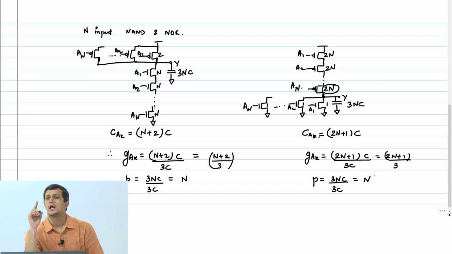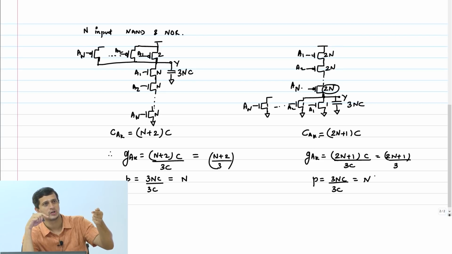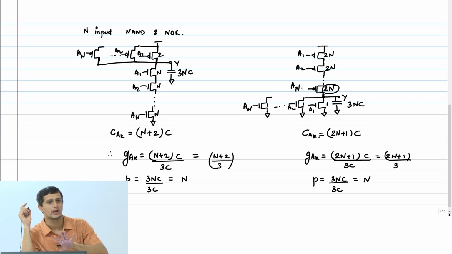right? So apart from the fact that your parasitic delay went as square of n, earlier you remember we did this derivation, the parasitic delay goes as n square. So putting these two reasons together, it's obvious that you don't want to have a very large stack.